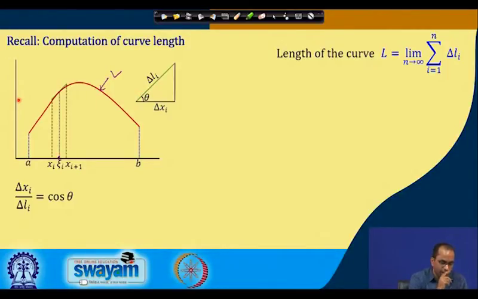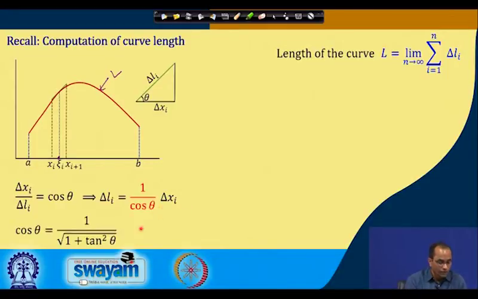and the function f. From this triangle we have that cos theta is delta x_i over delta L_i. So, delta x_i over delta L_i is cos theta, or we can get that delta L_i is 1 over cos theta times delta x_i.